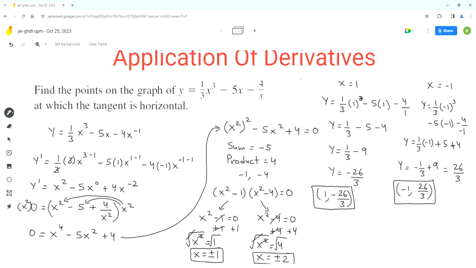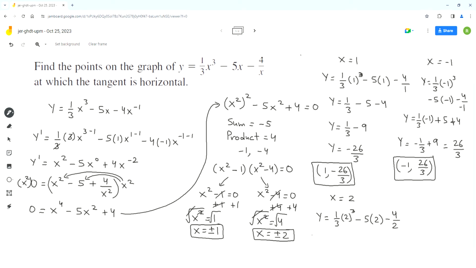So for the third point, we'll sub in x as positive 2. So we get y equals 1 over 3 times 2 to the power 3 minus 5 times 2, then minus 4 over 2. Now we can simplify this expression. 2 to the power 3 is 8. And 5 times 2 is 10. And then 4 divided by 2 is 2. So we get y equals 8 over 3 minus 12.